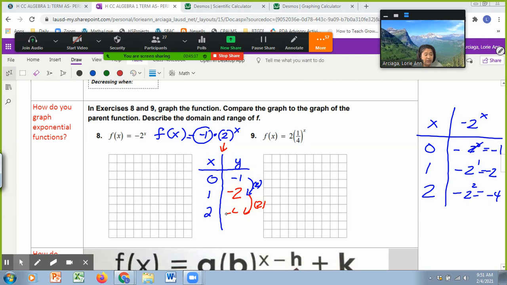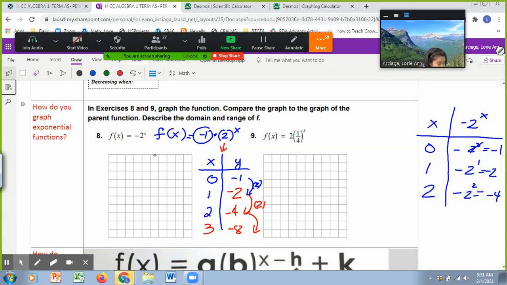Very good, -4. Let's do one more. What will be the value when x is equal to 3? You multiply it again by 2. Very good. Okay, so let's graph that one.